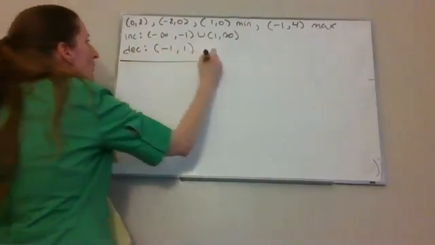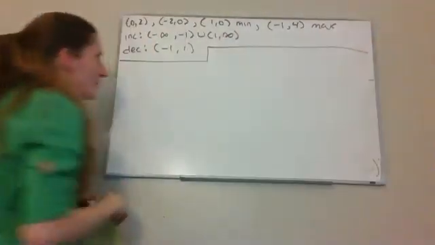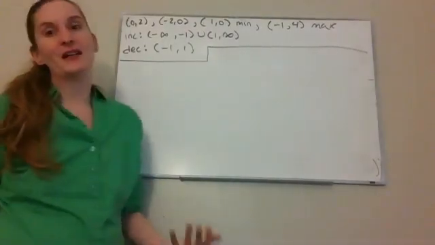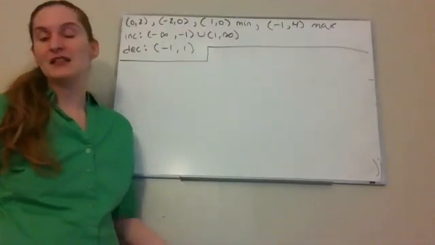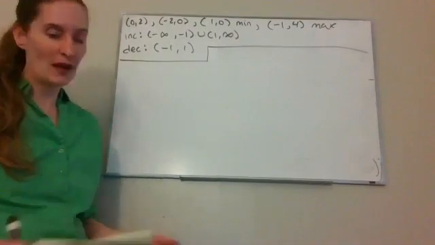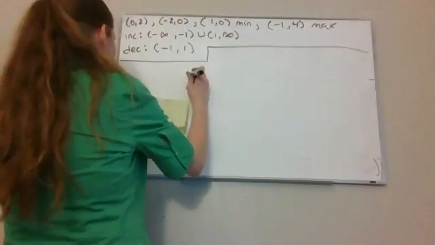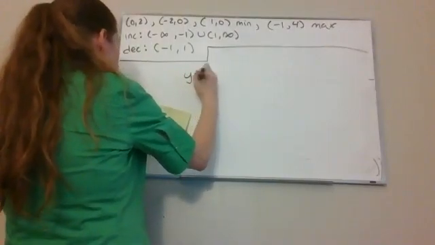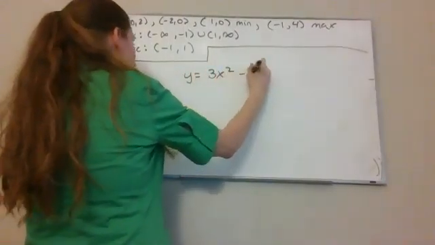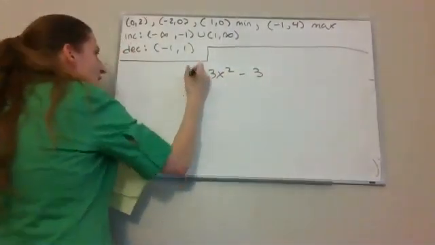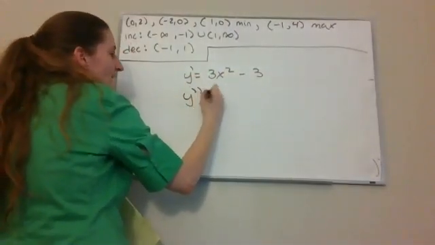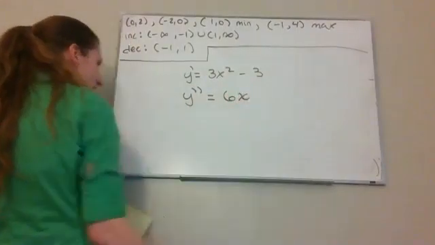So I have all this information up here that will eventually be graphed, but now we need to find inflection points and concavity to make sure we have the most accurate graph possible. So let us rewrite what our derivative was. We had 3x squared minus 3. So my second derivative is 6x.